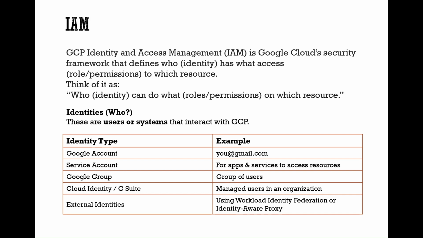Now a service account is something we know: if a resource, let's say a compute engine, has to access some file or blob from GCP storage or a bucket, then this virtual machine requires a service account.